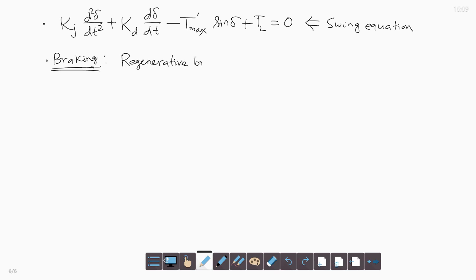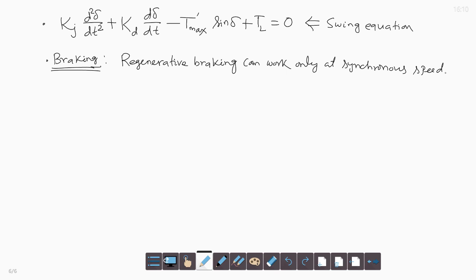In regenerative braking, the synchronous machine operates as a synchronous generator, and this can work only at synchronous speed. Obviously, at synchronous speed only the machine can operate as a generator. So, regenerative braking cannot be applied to reduce the speed or stop the drive. It is not applicable.